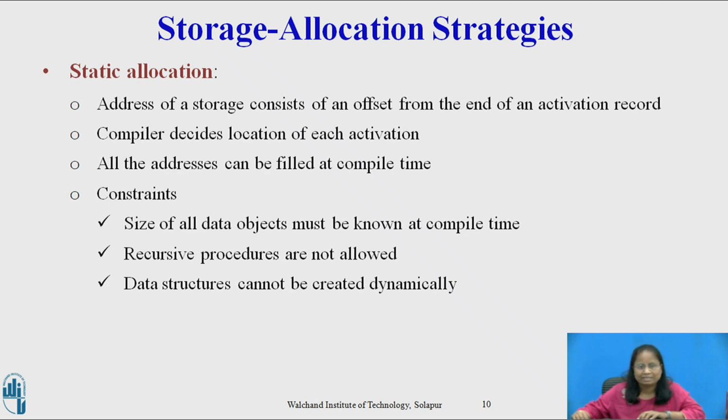All addresses can be filled in at compile time at which the target code can find the data it operates on. Similarly, the addresses at which information is to be saved when a procedure call occurs are also known at compile time. Some limitations are that the size of all data objects and constraints on their position in memory must be known at compile time.